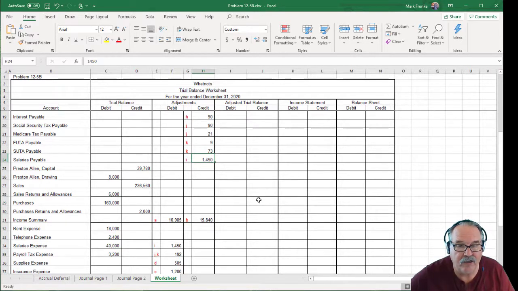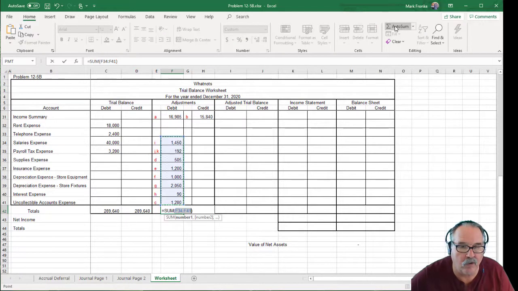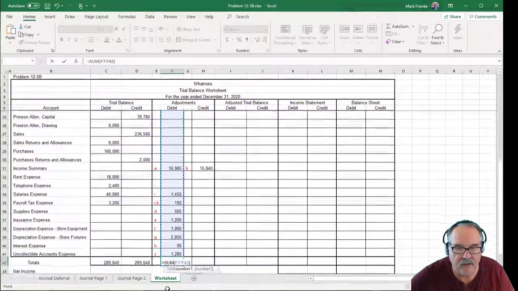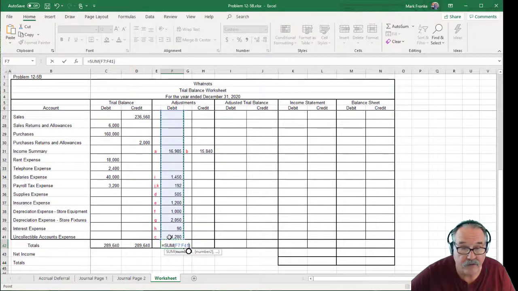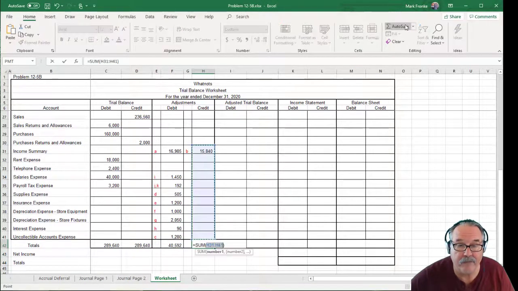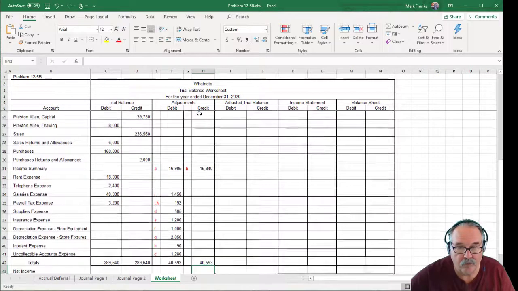Now when I total up all of these adjustments, and I always want to do a total at the bottom just so I know that debits equal credits and I haven't made a mistake posting these to my worksheet, $40,592 is the total, and it is correct. Now we'll do the same thing on the credit side. $40,593.